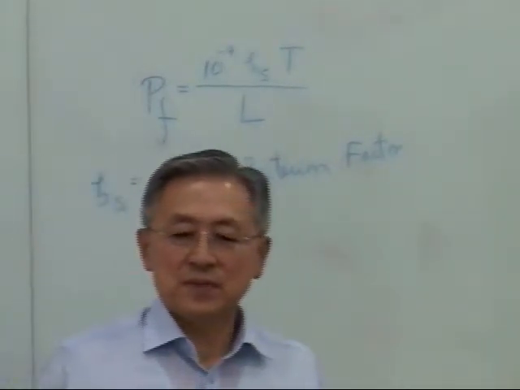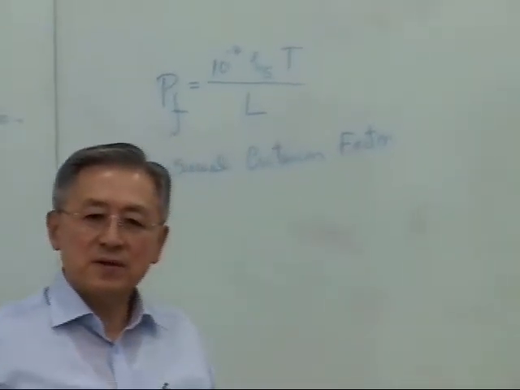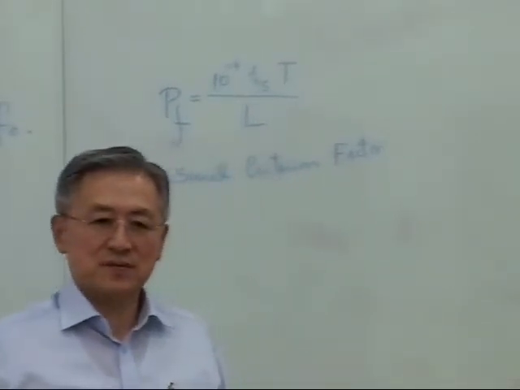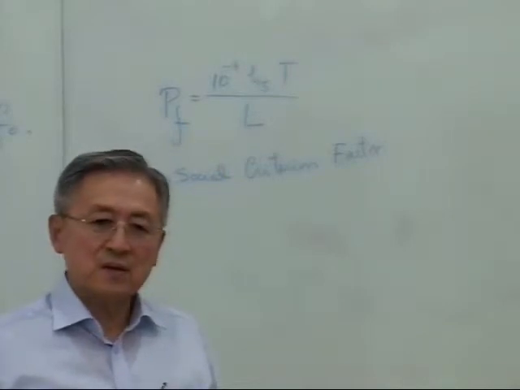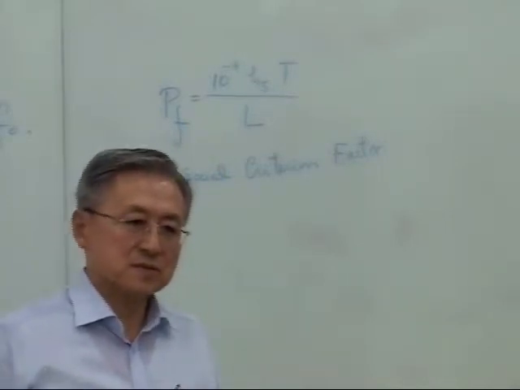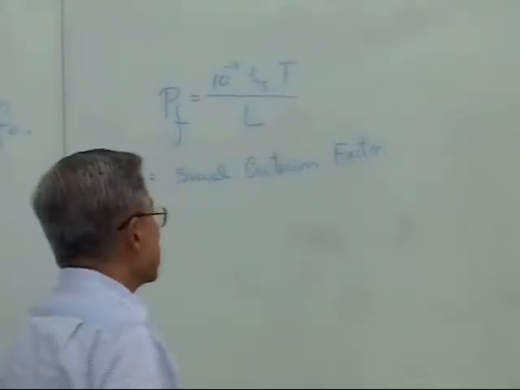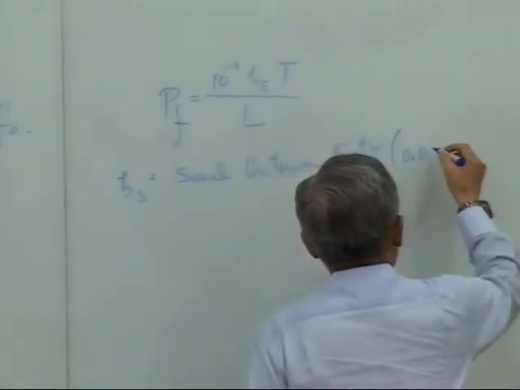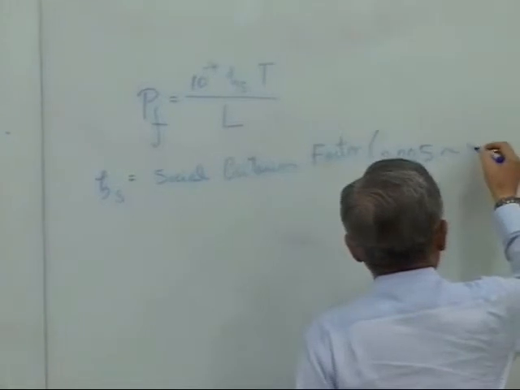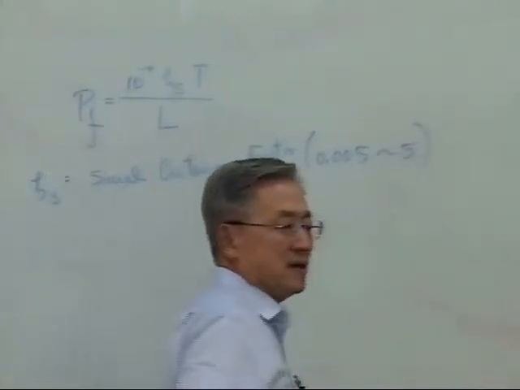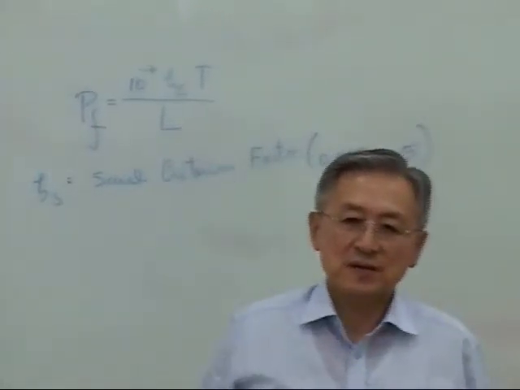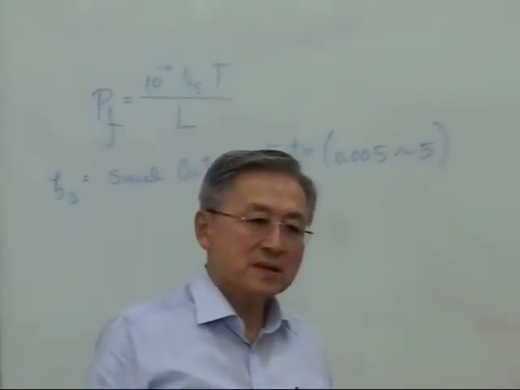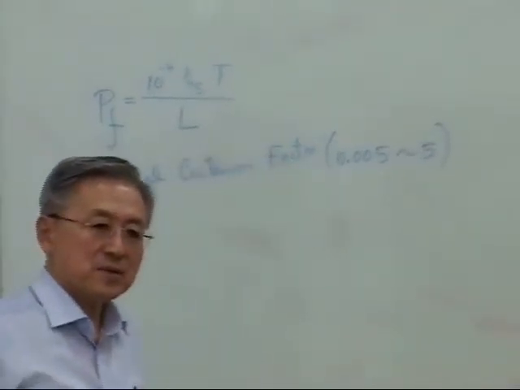The range is from something like 0.005 through something like 5, depending on the type of the structures. Page 25, make a copy. Then there are tables and all that.